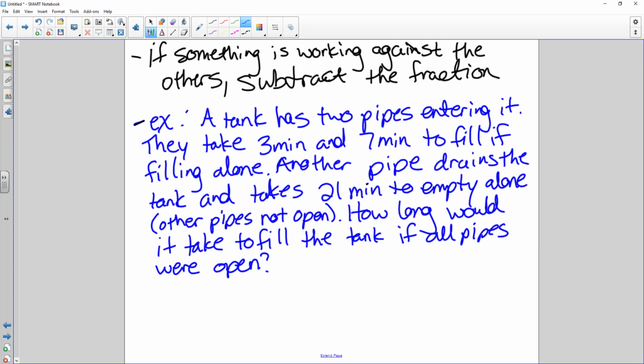Okay, so the ones that are filling, those are going to be added. So 1 over 3 plus 1 over 7. And then the emptying is working against it, so that's subtracted. Minus 1 over 21 equals 1 over the total time, if all 3 were going.